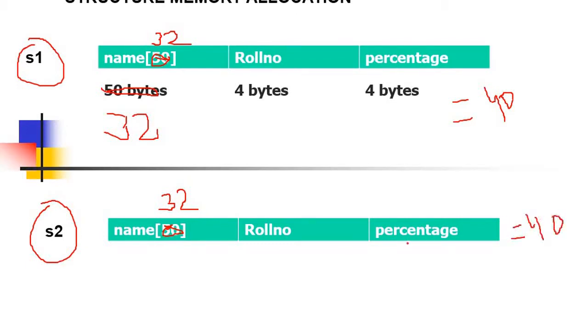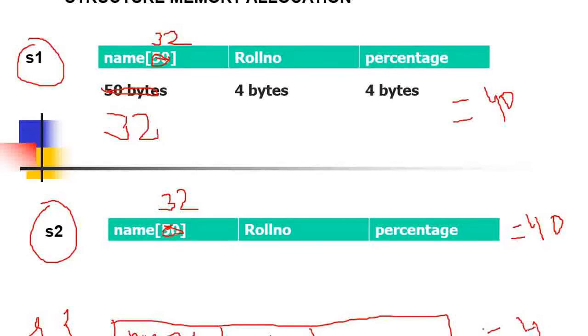So total 80 bytes. If we define s3 in our program, then the same memory will be allocated for name, for roll number and for percentage. So here also 40 bytes. The more structure variables there are, the more memory allocation will take place.